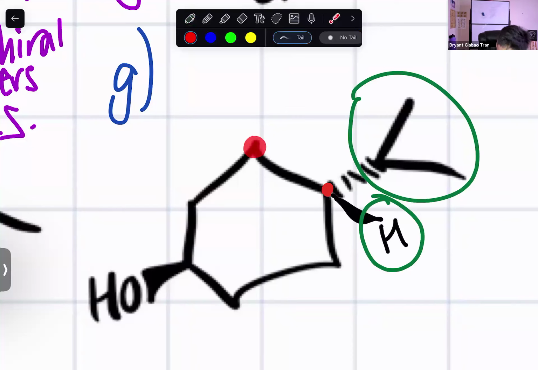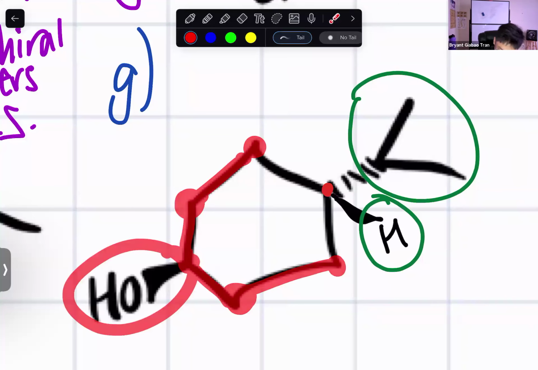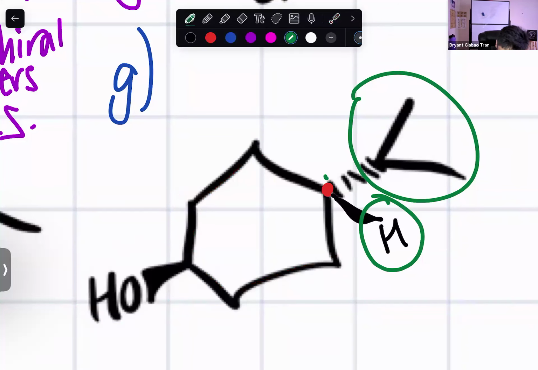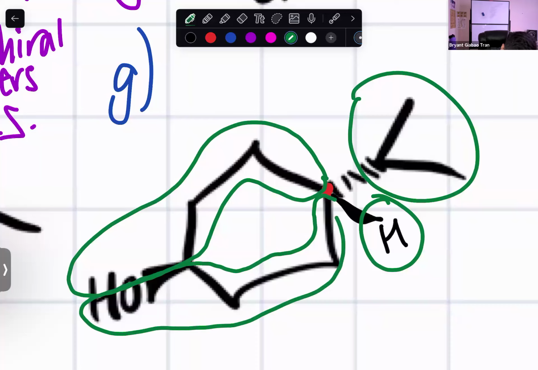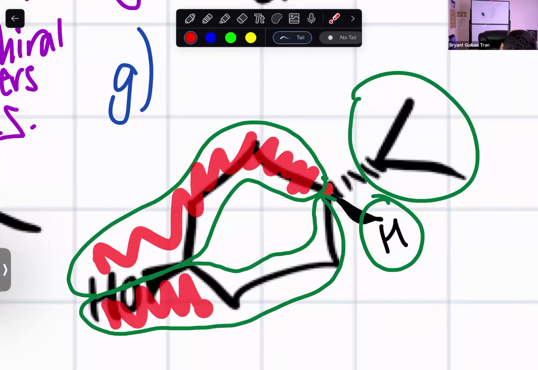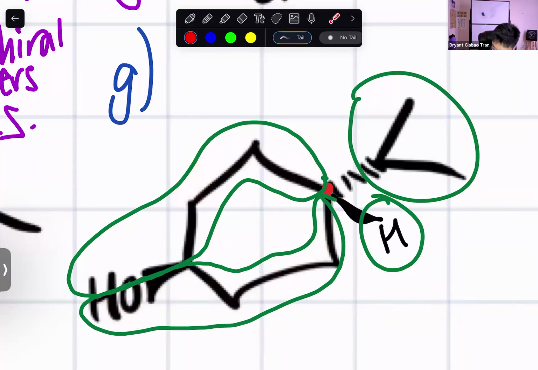If we look at the very first atom attached to that chiral center, they're the same thing, no difference. So move on to the next thing. Compare this one with this one, same thing. Move on to the next one. They end on the same carbon, which makes this group the same as this group here. Two equal groups, they're not unique, not a chiral center.